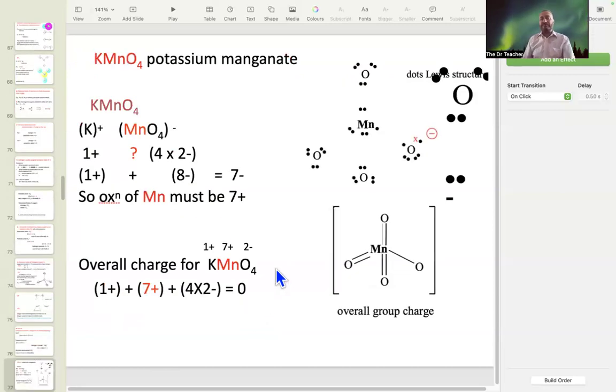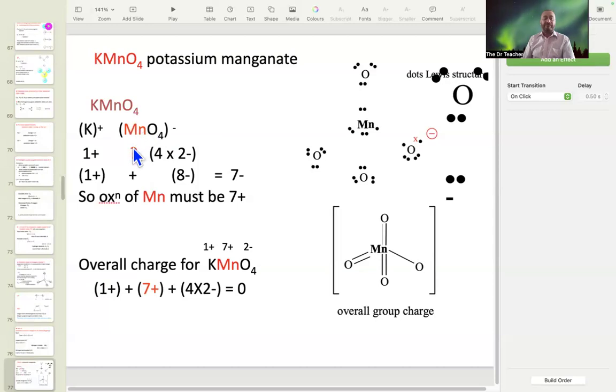Potassium permanganate, a similar thing here. If we do the oxygen, you see potassium is +1. Permanganate, MnO4, should be -1. Why? Let's check it out. 4 times -2.